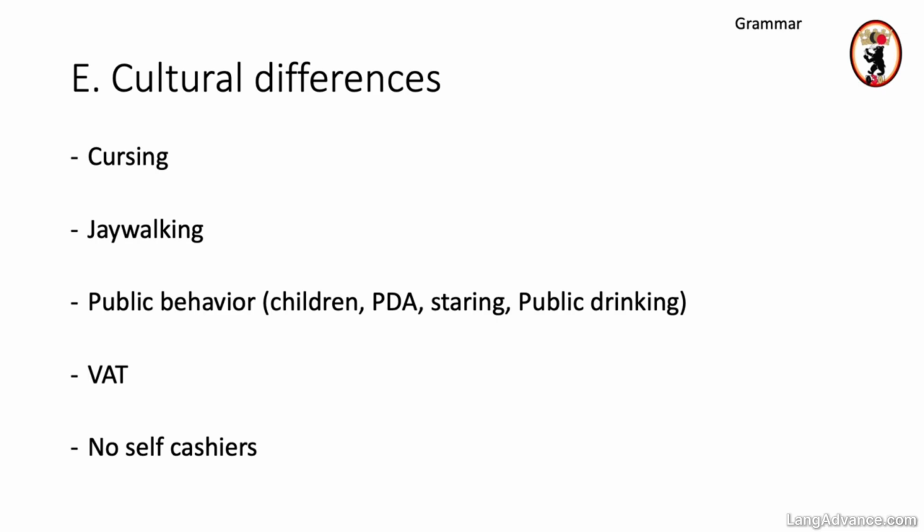Something else that is very different in Germany is our attitude towards PDA. Whereas many Americans shy away from any PDA, Germans PDA their way through the streets left and right, sometimes even right in front of your nose. Again, it is what it is. We also behave differently towards children.